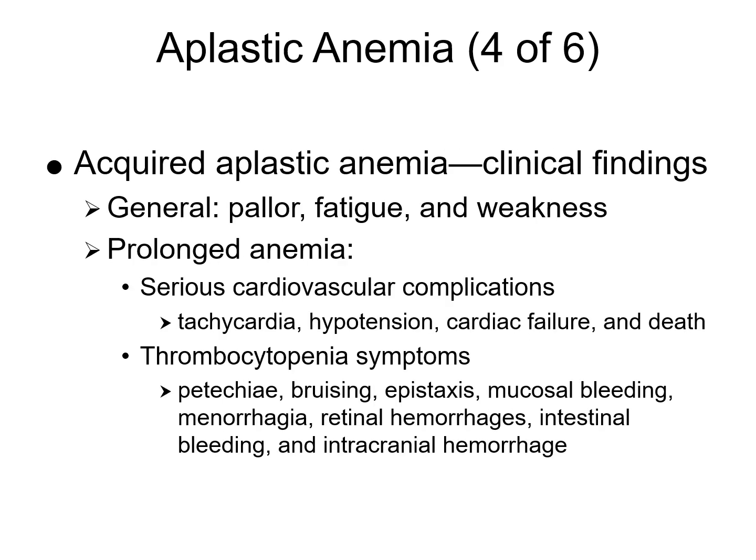Some general symptoms for patients with aplastic anemia can reflect the pancytopenia, so especially anemia. You have your common symptoms like pallor, fatigue, and weakness, and these are due to a decreased oxygen carrying capacity from reduced red blood cell production. You can also have prolonged anemia, which would lead to cardiovascular complications.